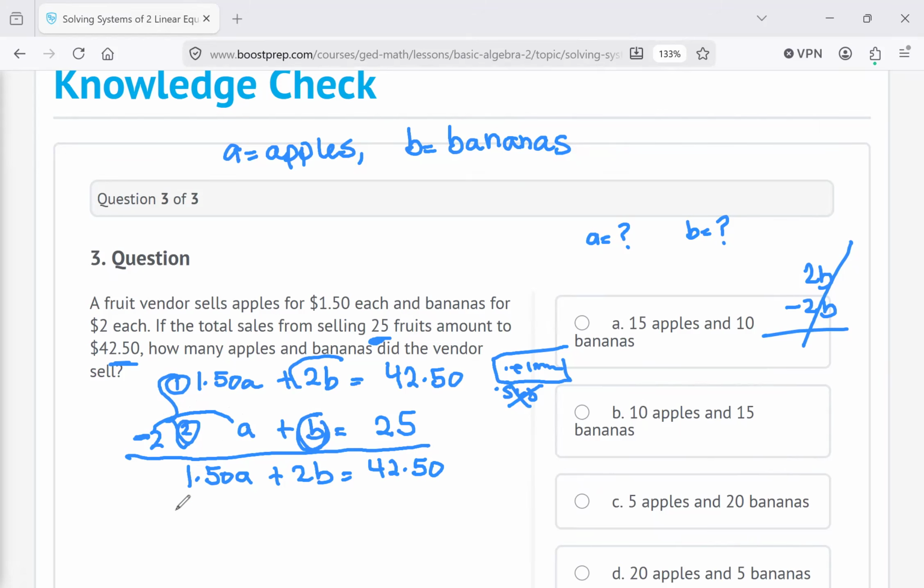So distribute everything. Negative 2 times A is negative 2A. Negative 2 times B is negative 2B. And then don't forget the right side. Everybody always forgets this. What's negative 2 times 25? I think it's negative 50. Let me get my phone calculator.